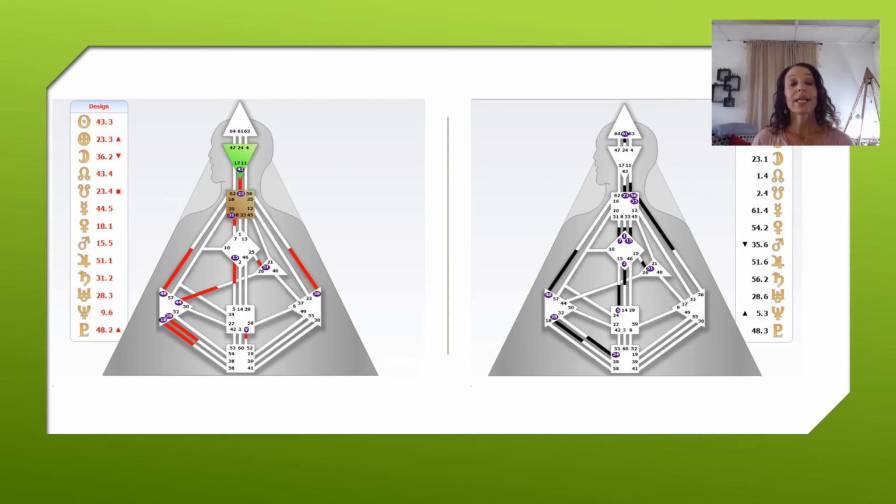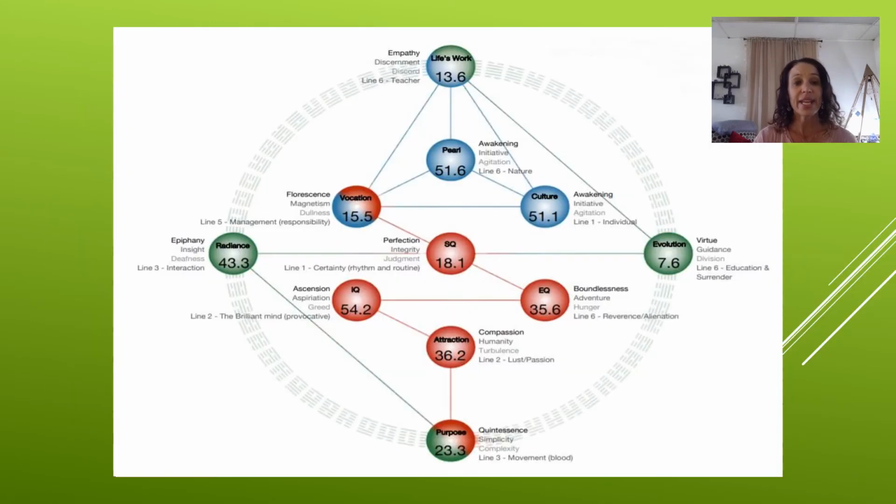So the red again would be kind of what you came into this lifetime with, and the black would be the personality, which is the new kind of costume or the new energy your soul is embracing to move you forward. And within this, again, I want to reiterate, you really want to look at the sun and earth specifically.